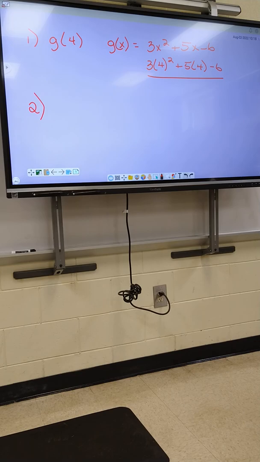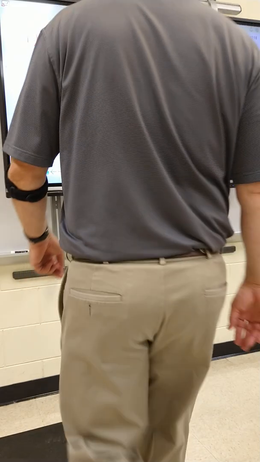Let me try number 2 then. 2 is the same way as number 1. Just plug it in your calculator. Make sure y'all use your square button. Make sure you plug it in inside parentheses.